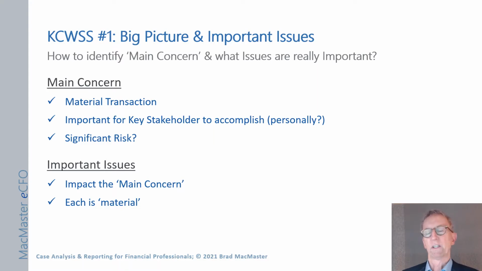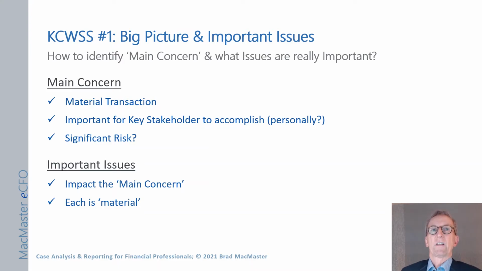For example, if the main concern is about a material transaction related to, let's say, the sale of a business, then one of the important issues that will impact that is how the business is expected to be valued. Maybe the prospective purchaser and seller have agreed on some kind of a formula to determine a price.